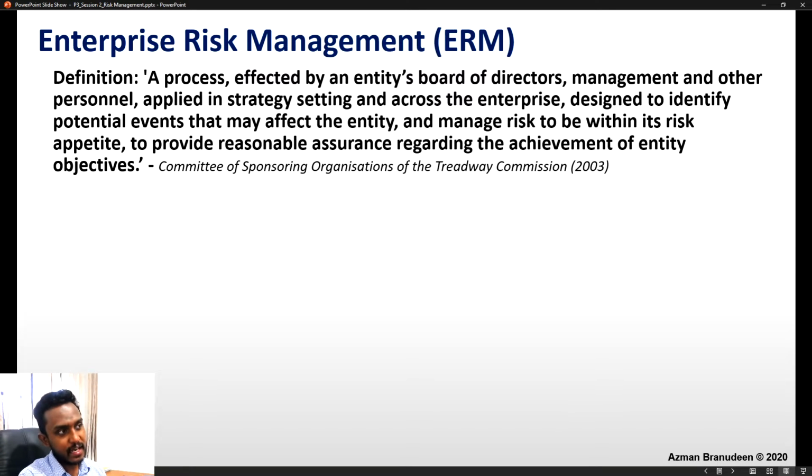Now, enterprise risk management, or ERM, the initial definition and proposal was made by the Committee of Sponsoring Organizations of the Treadway Commission in 2003, which we generally refer to as COSO. COSO defined ERM as a process effected by an entity's board of directors, management and other personnel, applied in strategy setting and across the entire enterprise, designed to identify potential events that may affect the entity, manage risk to be within its risk appetite, and provide reasonable assurance regarding the achievement of the entity's objectives.